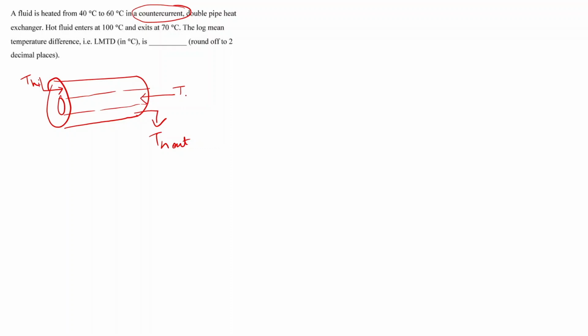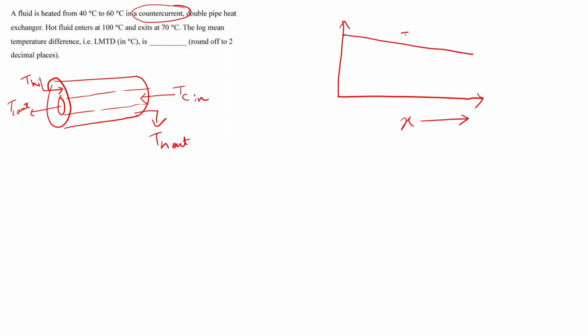So this will be TC in, this is TC out. So we can also draw temperature profile across X. So the hot fluid, we can just draw temperature profile as this. This is my hot fluid and it goes from 100 degrees Celsius.